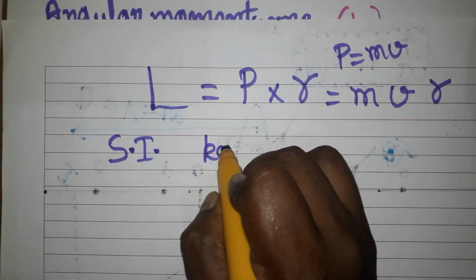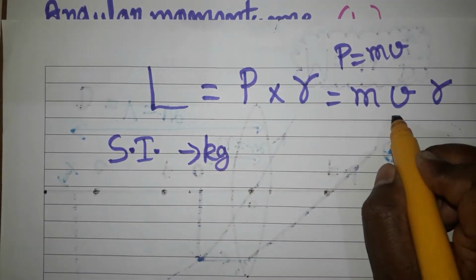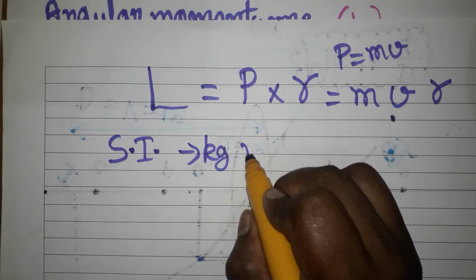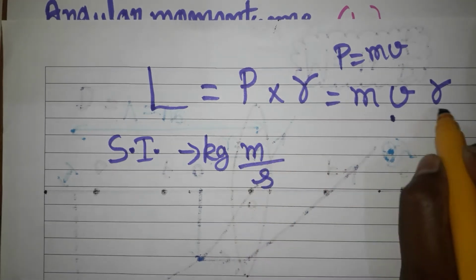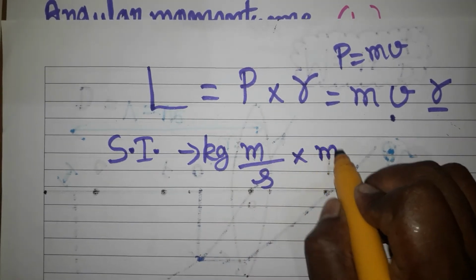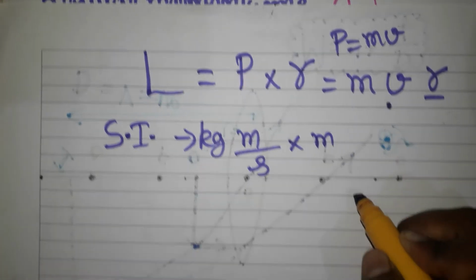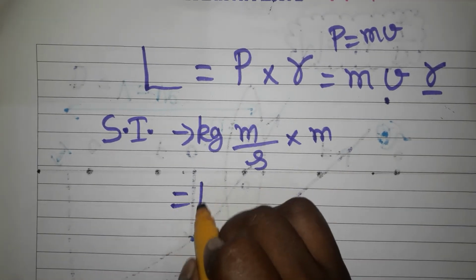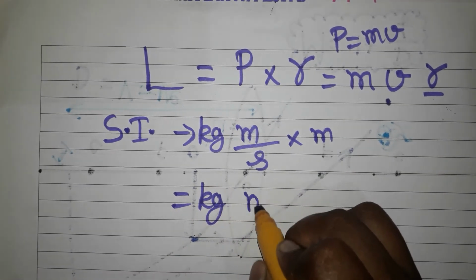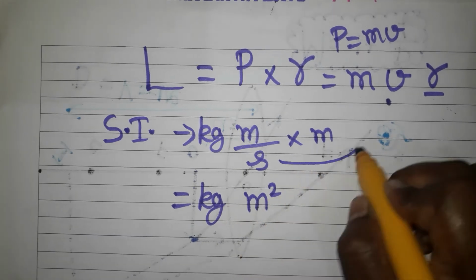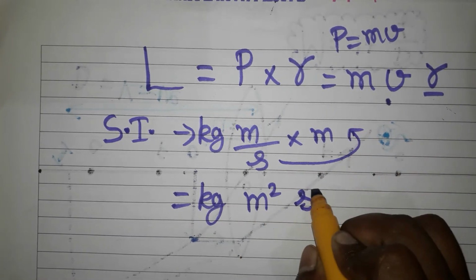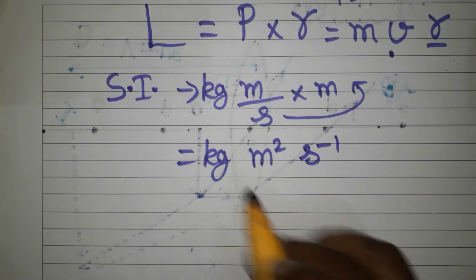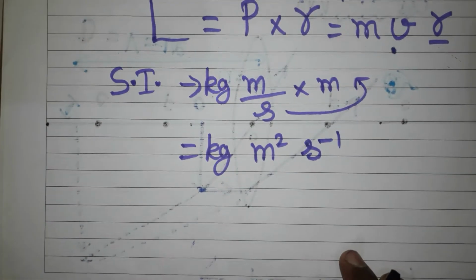Mass is in kg, velocity is displacement by time, so meter per second. Radius we take as meter. Meter times meter gives meter square. So kg meter square, and from the denominator, second taken to the numerator, second minus 1. This is the final SI unit of angular momentum.